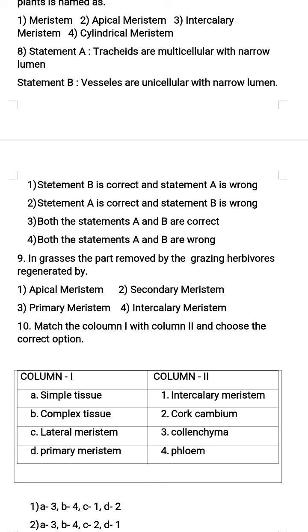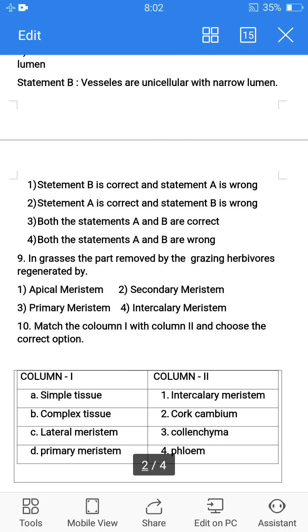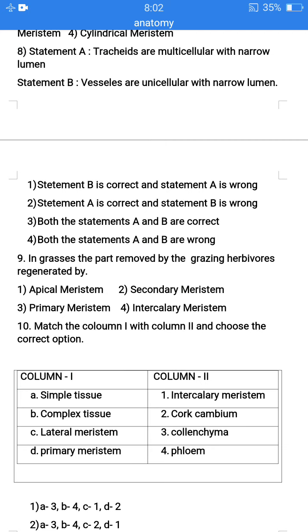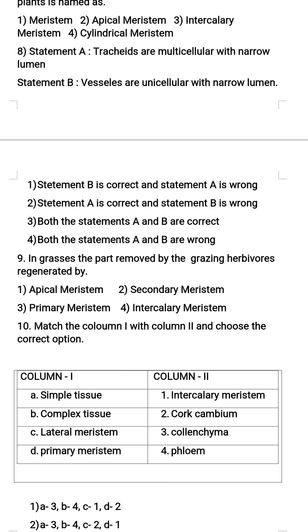Xylem functions as a conducting tissue for water and minerals from roots to the stem and leaves, and it also provides mechanical strength to the plant parts. It is composed of 4 different kinds of elements. They are namely, first one tracheids, second one vessels, third one xylem fibers, and fourth one xylem parenchyma.